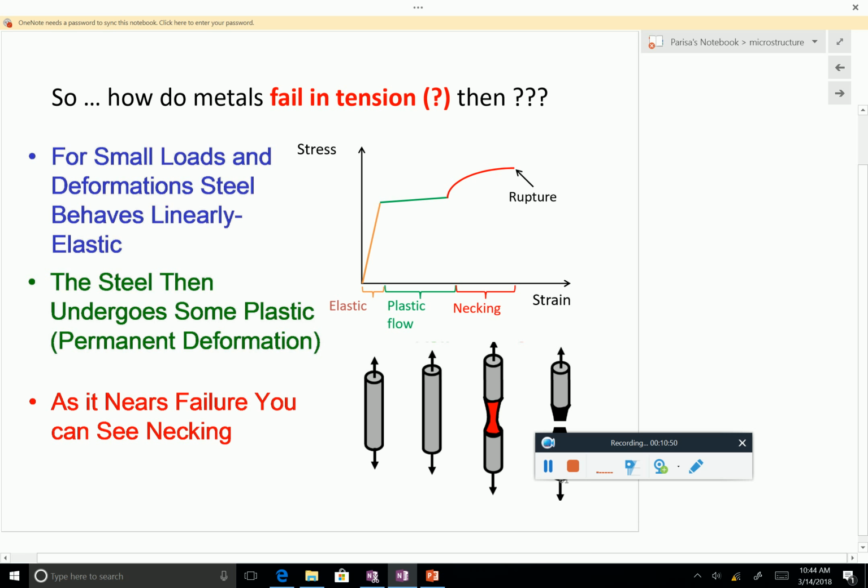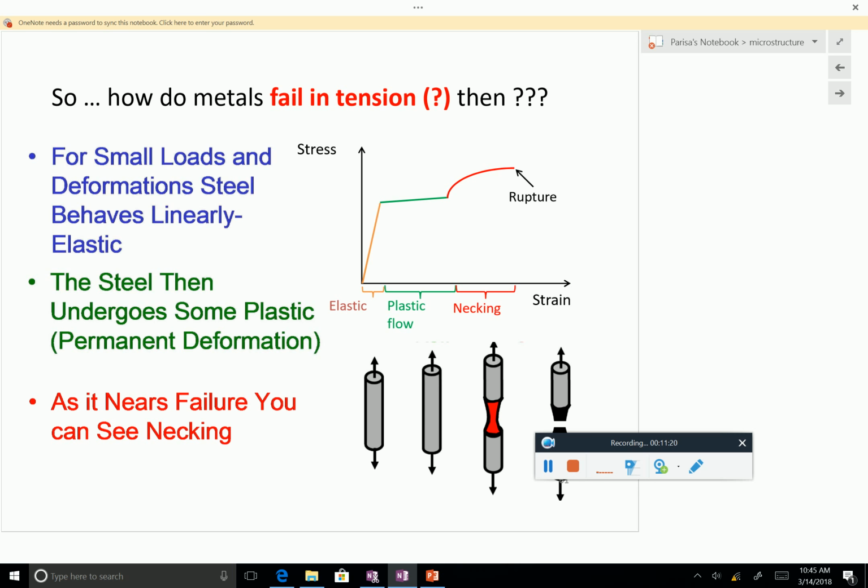So the question is now, I just told you that metals are perfect in tension. They are much more resistant. But we also learned before that if you apply tensile stress, I even showed you a video, you could see that the coupon becomes longer and at some point creates necking, and then you have actually rupture.